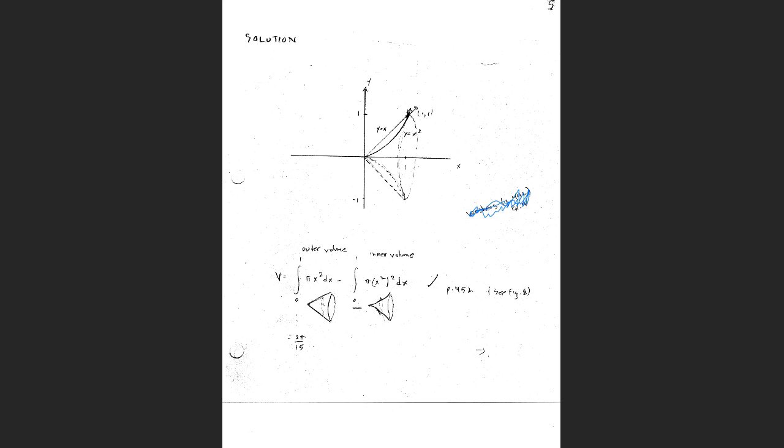Well, here's the line y equals x. And here's the parabola y equals x squared. And this here is our region. And we're rotating that region about the x-axis.